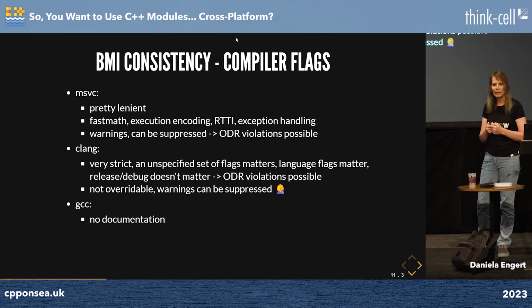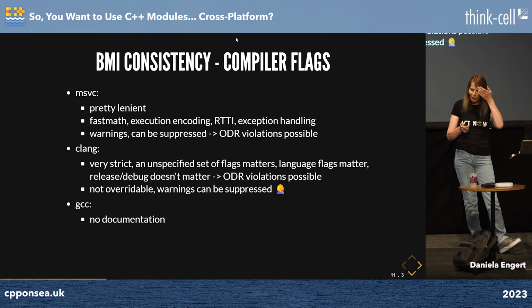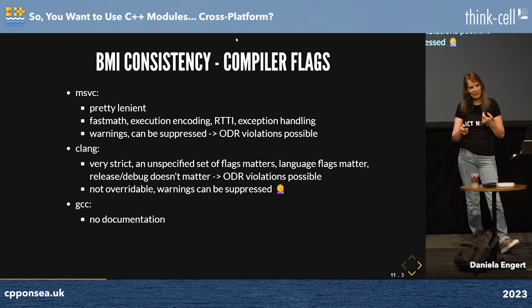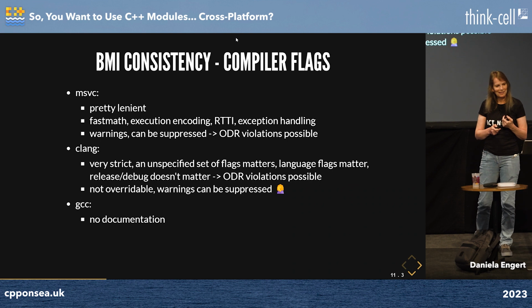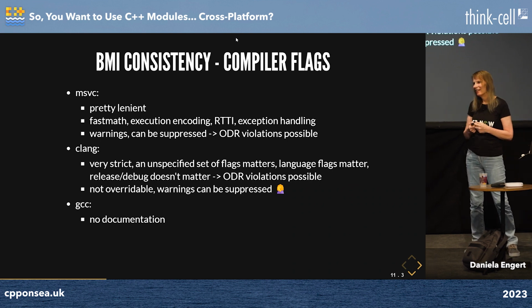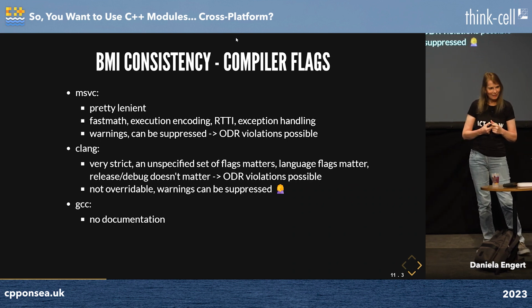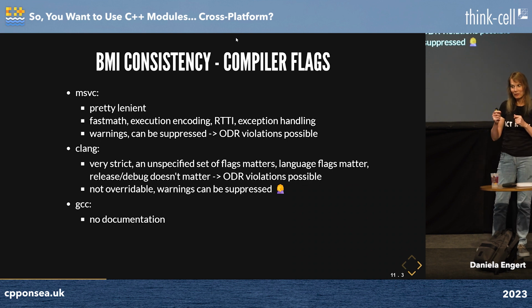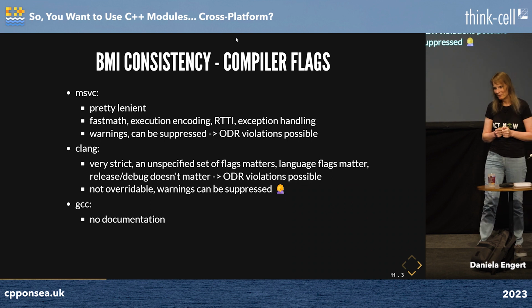Unfortunately, it doesn't tell us which compiler flags are required to match up between the importers and the module authors. And it's kind of funny. It gives you warnings if these things don't match up, and you can actually suppress this warning, but it will refuse to import your module anyway.